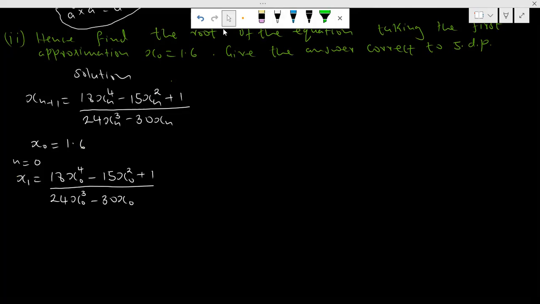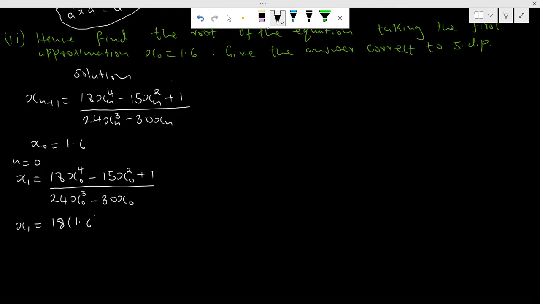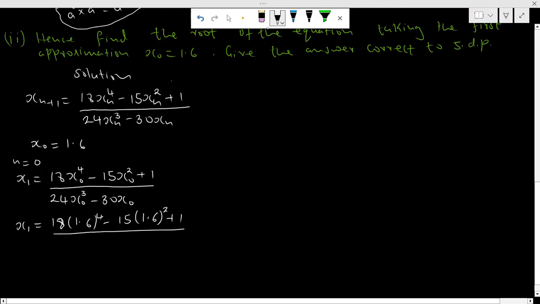So x1 is equal to 18 multiplied by 1.6 to the power 4, minus 15 times 1.6 squared, plus 1, all over 24 times 1.6 cubed minus 30 times 1.6.